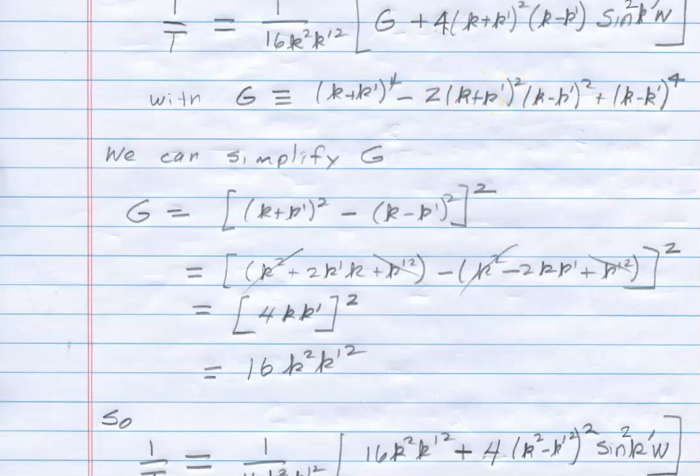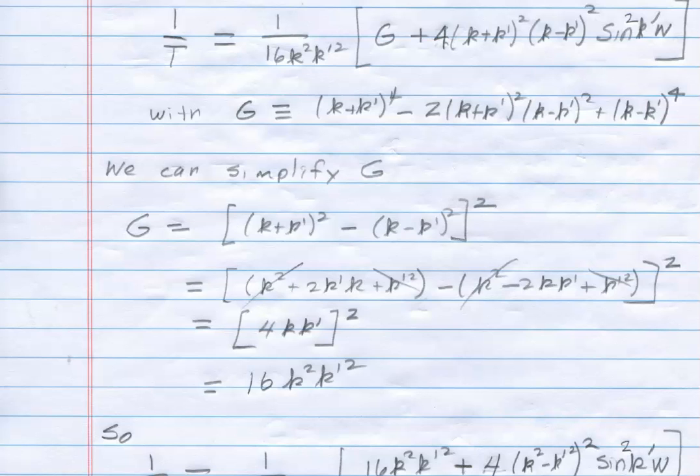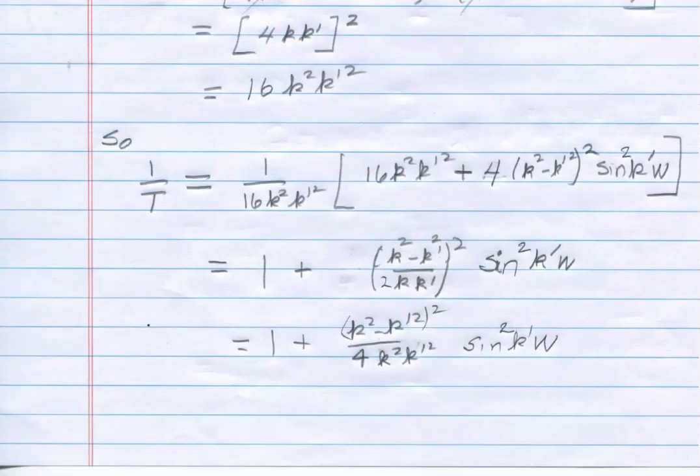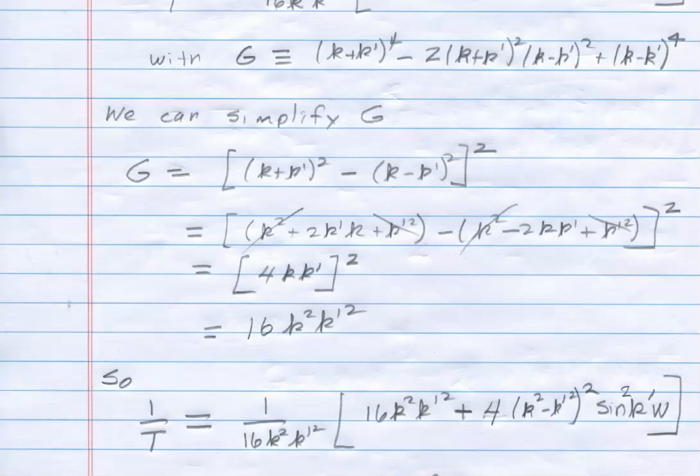And so go ahead and plug that in for G. So 16k squared here, k prime squared, and that gives me this expression. K prime k squared, that was my G, and then the rest of the term I can write as well.